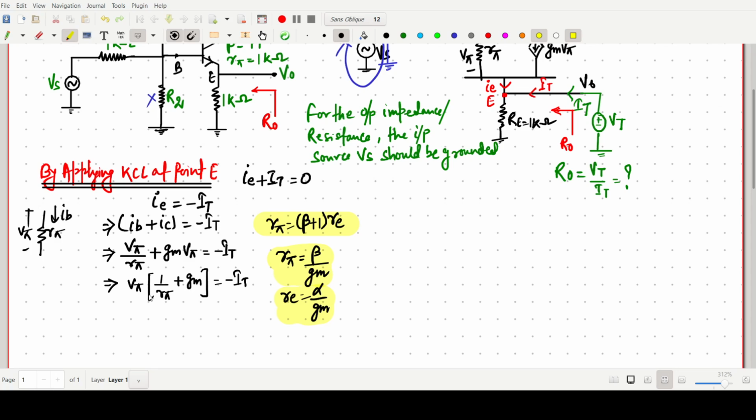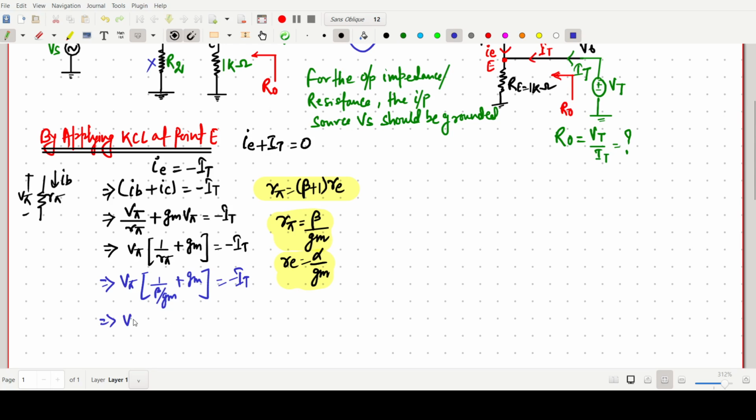So after this one, we can write 1 by R pi. Why am I writing 1 by R pi equals 1 divided by beta by Gm? Plus Gm equals minus IT.